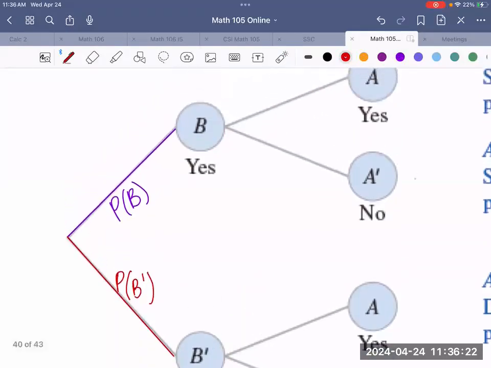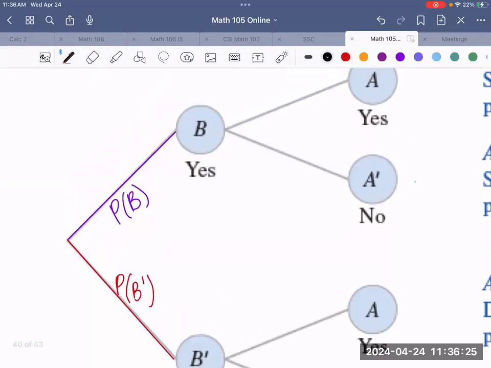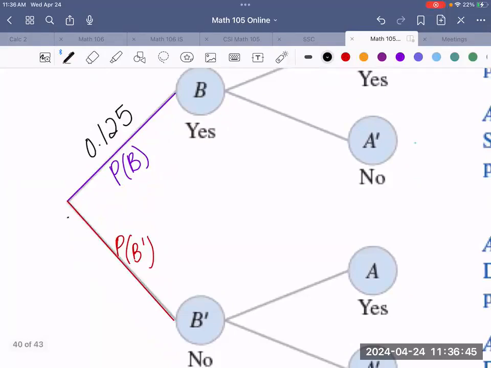So if they're telling us that perhaps in our example, the probability of B is 0.125 or 12.5%, then how would you calculate not B? Well, all probabilities add to 100% or 1. So then we subtract your B from 1 to get 0.875.